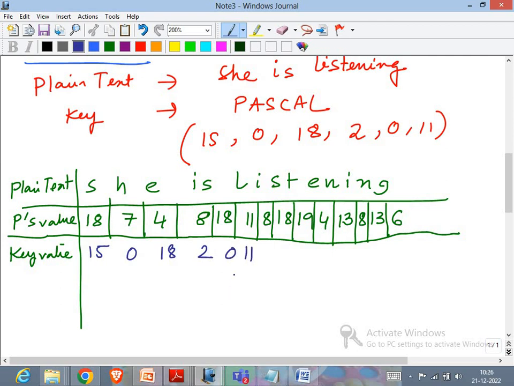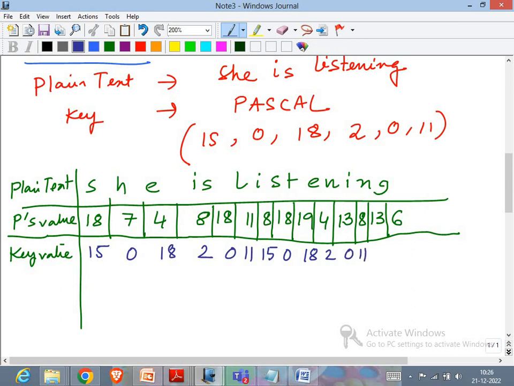Now after that there is no key available. So we are going to repeat again. So we will start with 15, 0, 18, 2, 0, 11.